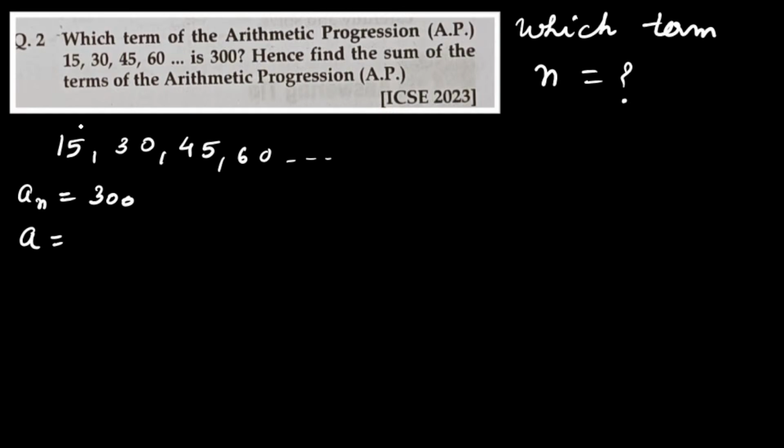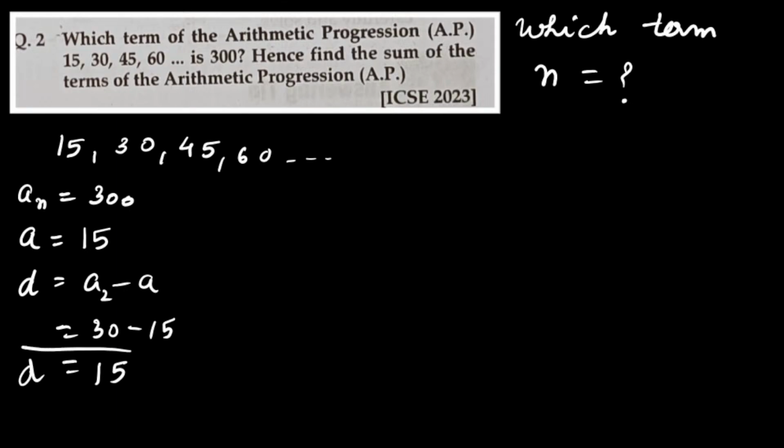The value of a, the first term, that is 15, and we can write the value of d also. I'm just using a2 minus a1. So 30 minus 15 is equal to 15. So d's value we got is 15, and a is also 15.